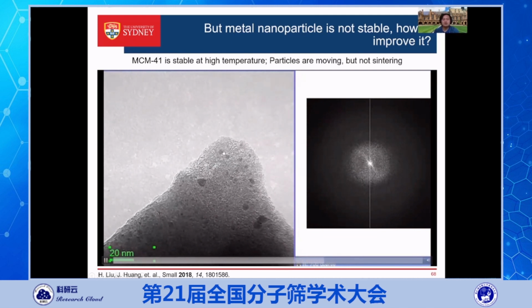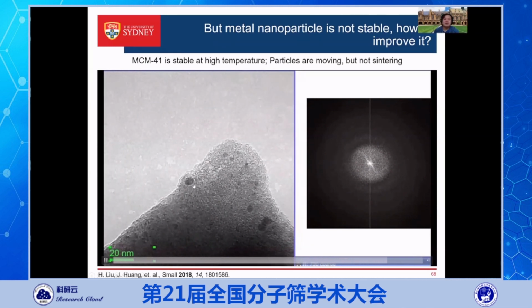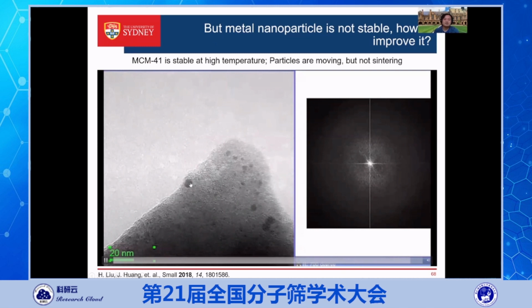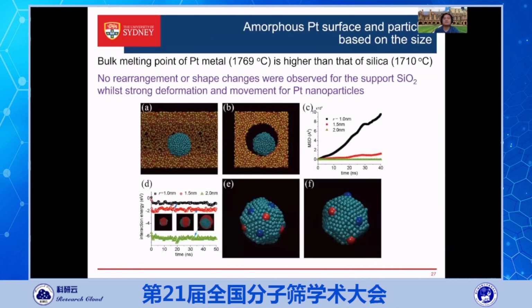They were moving but cannot come out from the pores. You can also see they behave like a liquid, changing shape and moving inside the pores. Then we did computer modeling and found that for this kind of platinum surface, we are able to generate amorphous atoms on the surface, and at high temperature they are running on the surface. Therefore the particle can move through the pore.